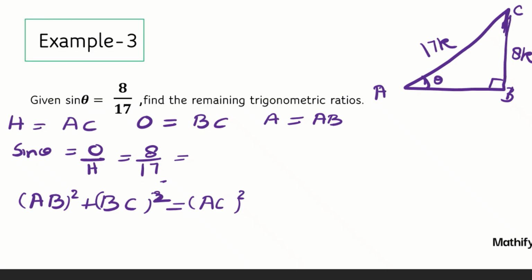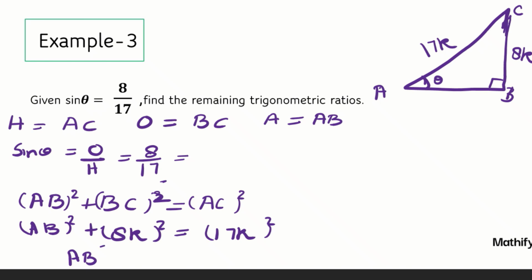Okay. So, AB is not given, so we write AB square as usual, and BC is given, 8K. So, 8K whole square, plus the square of AC, that is 17K whole square. So, what do you get? AB square will become 17 square, that is 289, minus 8 square, that is 64, and we will take K square as common.